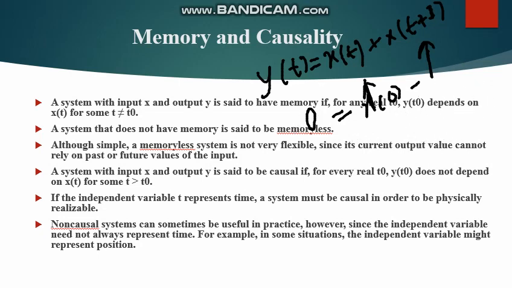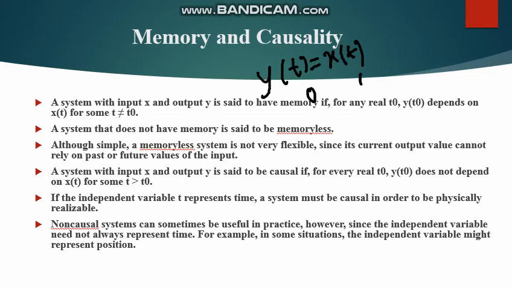And if it's just y(t) is equal to x(t), different value, different systems, from 0 to 0, that means it does not depend on x(t). I have told you before, does not depend on x(t), but it depends.